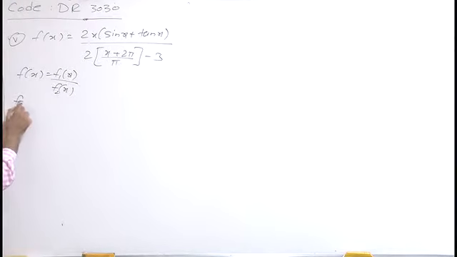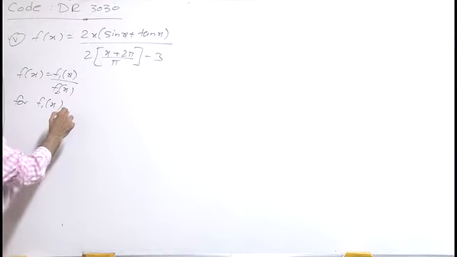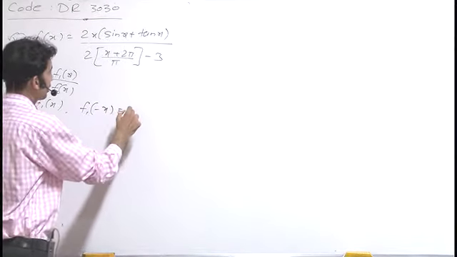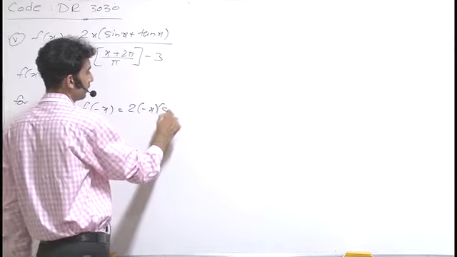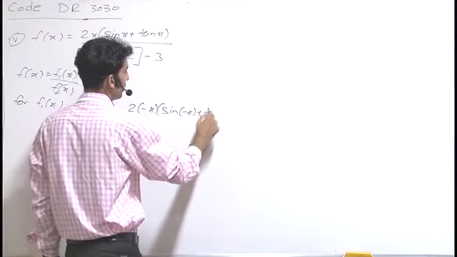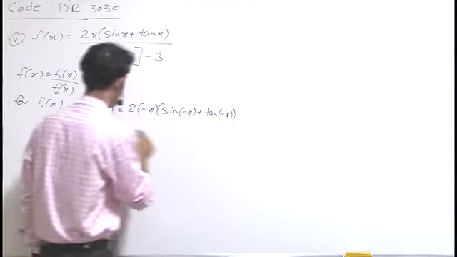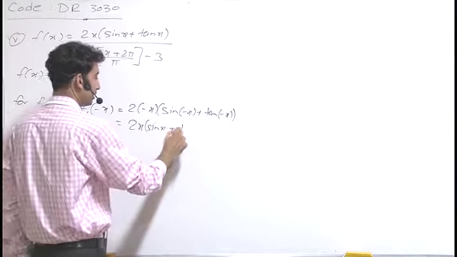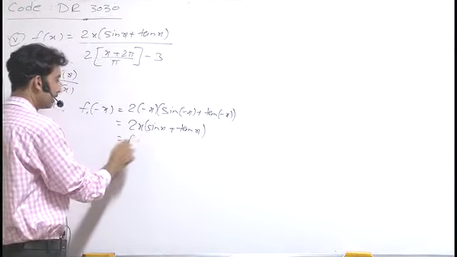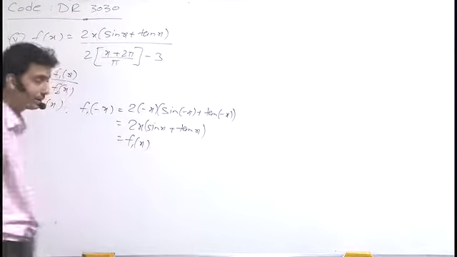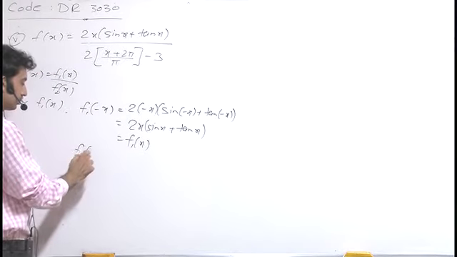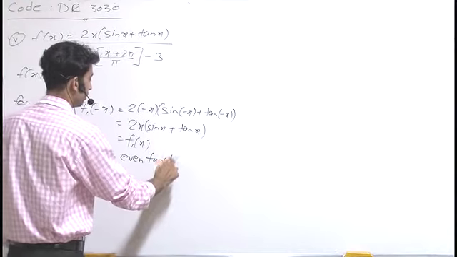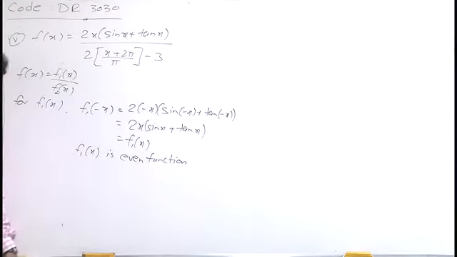So for f1(x), if we take f1(-x), it gives us 2(-x) sin(-x) + 10(-x), and it can be rewritten as 2x sin x + 10x. So clearly f1(x) is an even function.